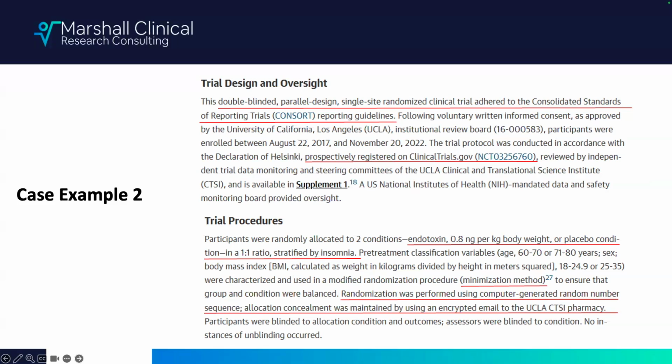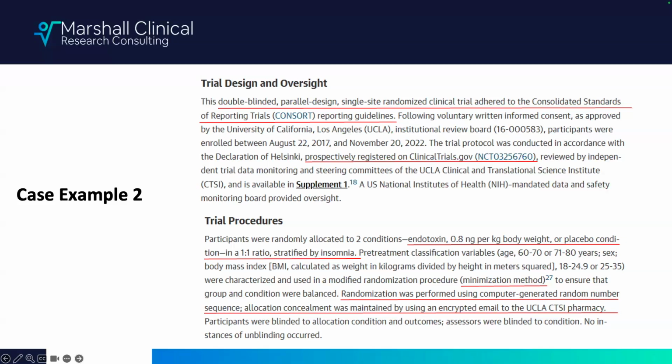On the methodology, specifically in the trial design and oversight, they explicitly state the design of the study, which was a double-blind, parallel design, single-site, randomized clinical trial. They adhered to the CONSORT reporting guidelines, and they prospectively registered the study on clinicaltrials.gov.